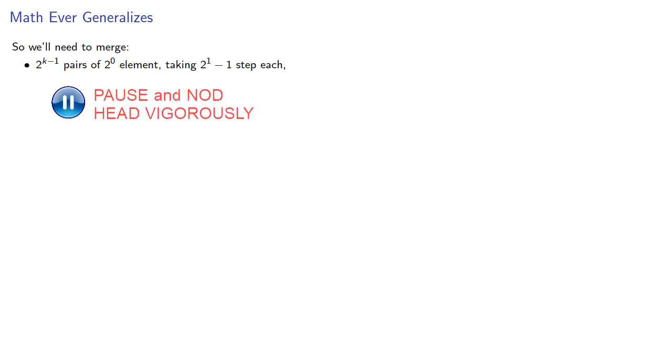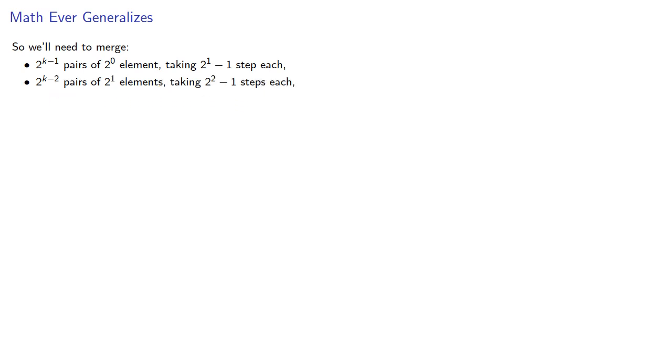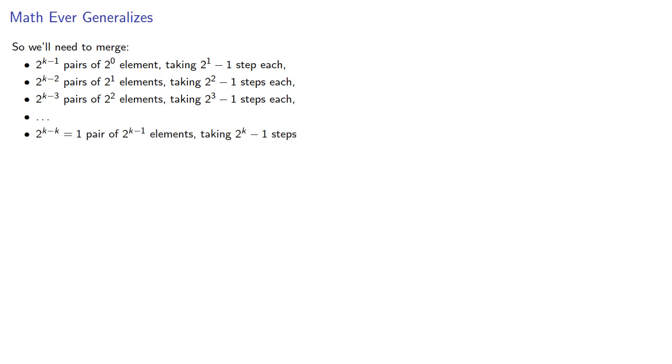So we'll need to merge 2 to the power k minus 1 pairs of 2 to the 0 elements, taking 2 to the 1 minus 1 step each. 2 to the power k minus 2 pairs, taking 2 to the 2 minus 1 steps each, and so on. This means if we have n equals 2 to the power k elements to sort, we'll need to perform this many steps.